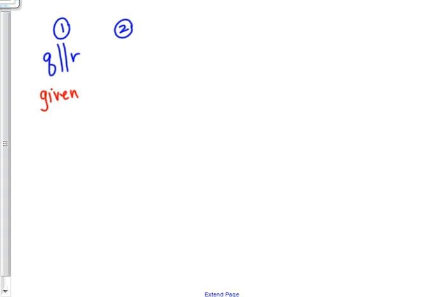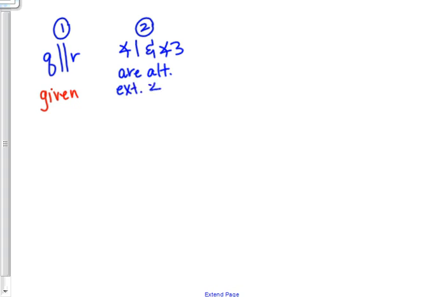So I'm going to say 1 and 3 are alternate exterior angles. And that reason is just the definition of alternate exterior angles.